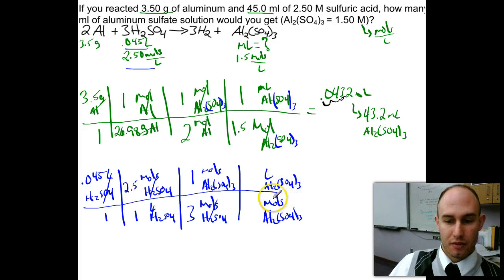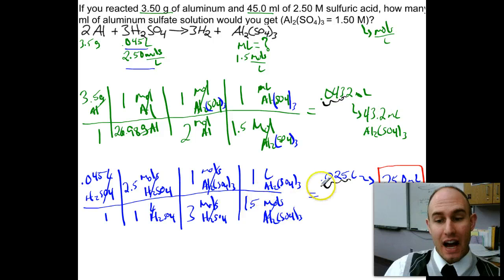And again, this is moles over liters. I can flip my molarity, and it's really just 1 liter and 1.5 moles. So 1 liter is 1.5 moles. Now everything cancels, and I'm going to get an answer in liters that I will then convert back to milliliters.